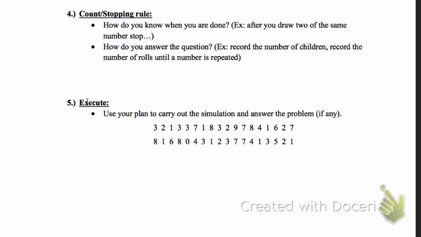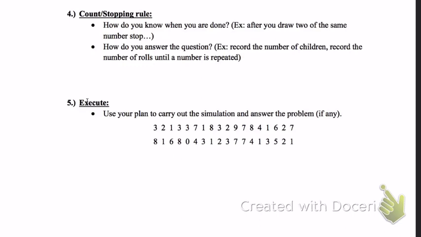Then the last sentence is saying, once I do one trial, what am I going to do with those numbers? So you have to tell me what you're going to record. I'm going to record the total number of points earned. Let's say that I get 1, 5, and 7. Well, 1 and 5 would represent getting 10 points, and 7 would represent 5 points. So I scored 25 points. So once you execute one trial, you write a sentence about what you're going to record.